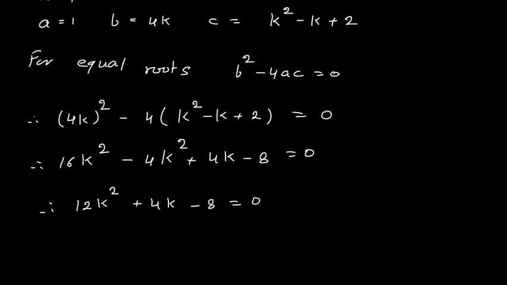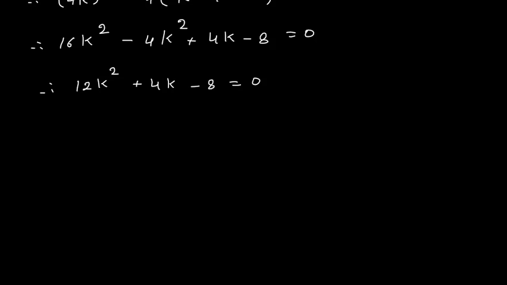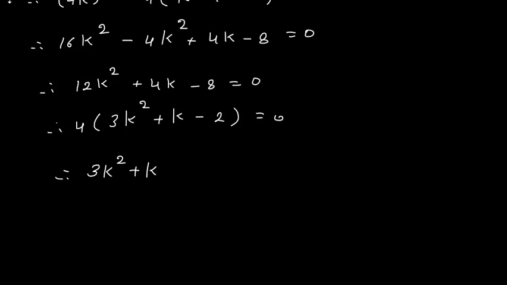Now you can take 4 common. So once we take 4 common, we get 4 3s are 12, 3k square plus k minus 2 is equal to 0. So therefore I have 3k square plus k minus 2 is equal to 0.